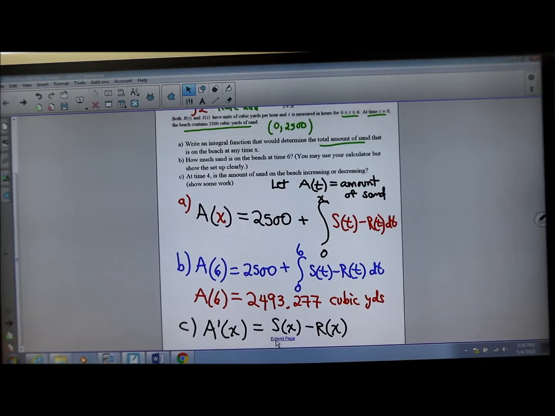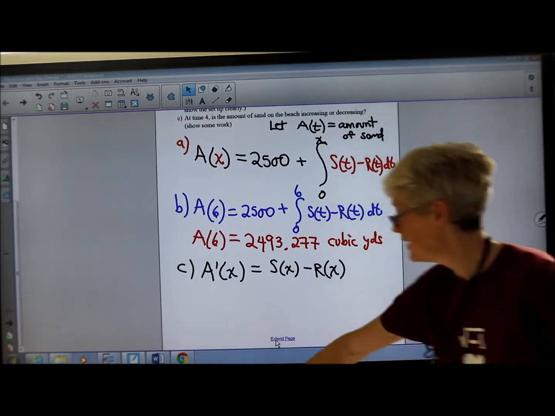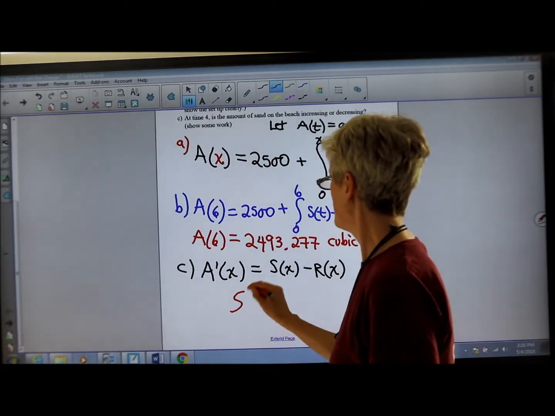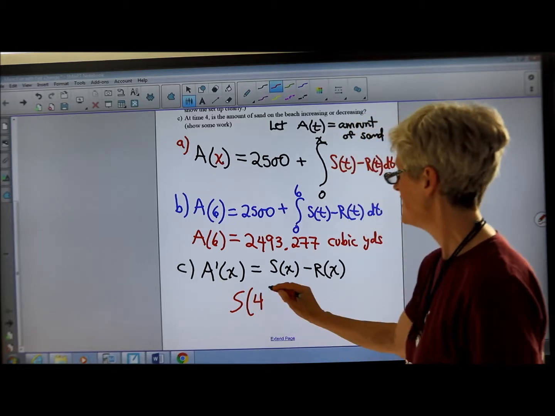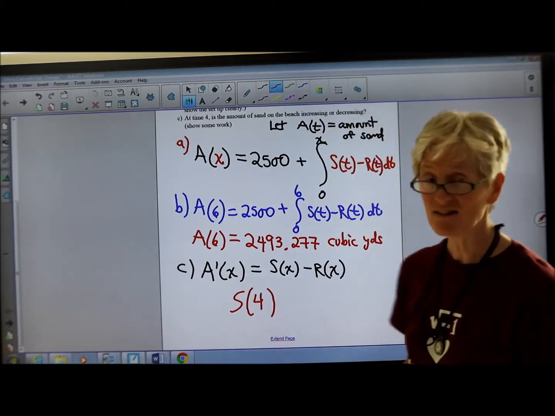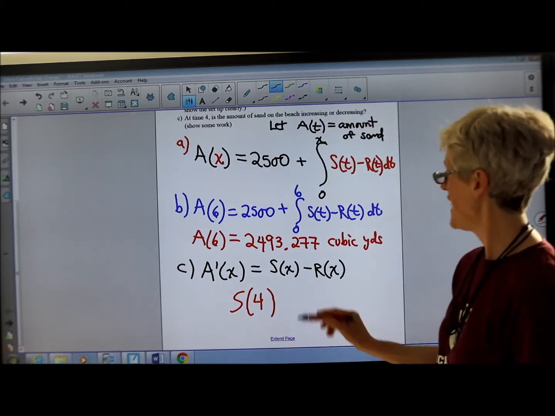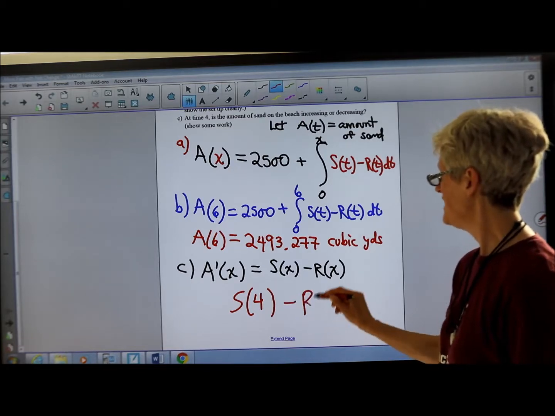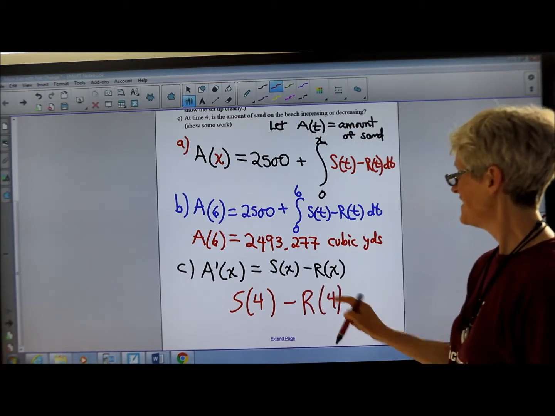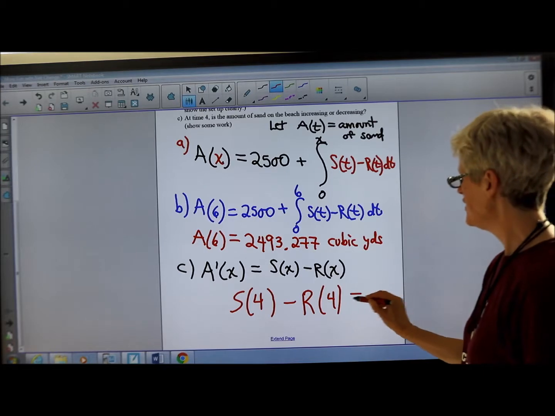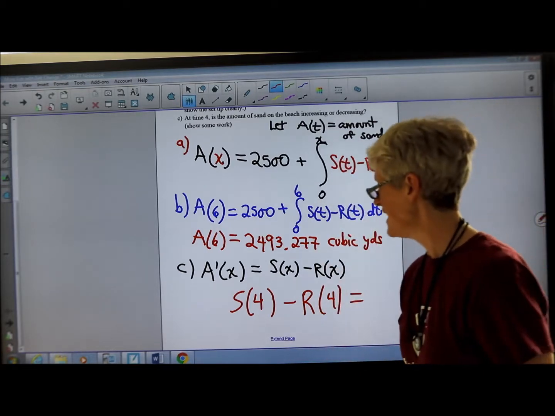So I basically just want to know, what's S of 4, the rate at which sand is being added to the beach at the 4th hour? And what's the rate at which sand is being removed? I want to know if that's going to be a positive number or a negative number.